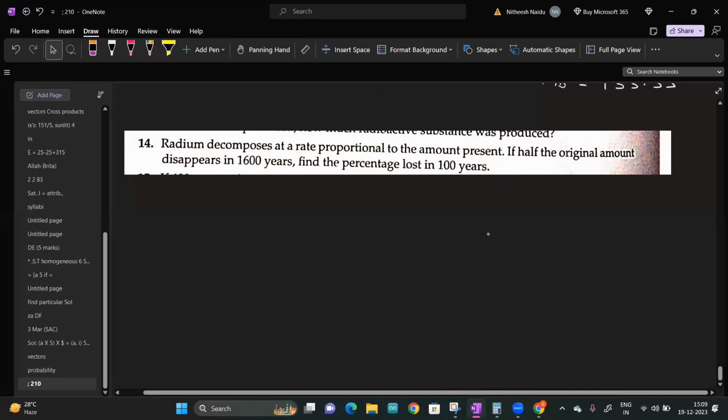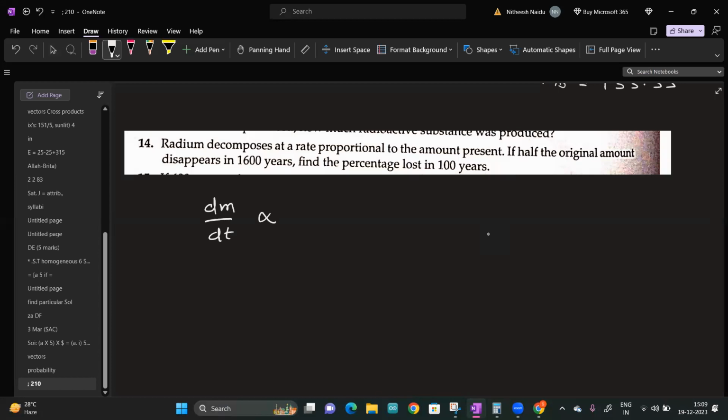Radium decomposes at a rate proportional to the amount present. Okay, write down dm by dt. He said proportional to the present amount. Present means mass.